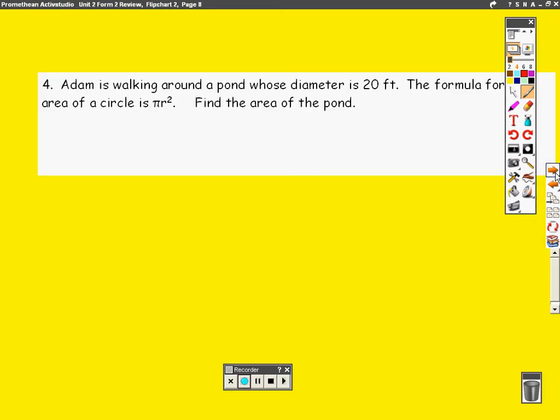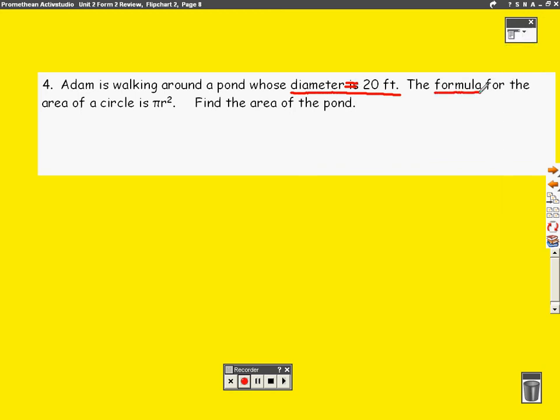Here we need to figure out what the problem's asking us to solve for. So we see that we're given that the pond has a diameter of 20. We're told that the formula we're going to use here is pi r squared.